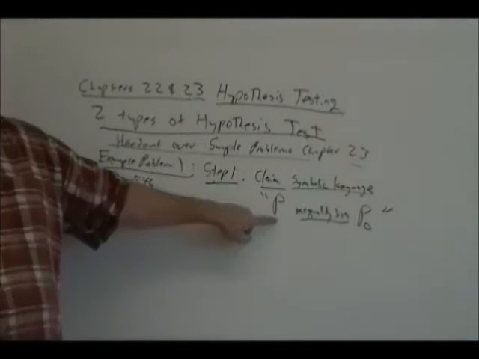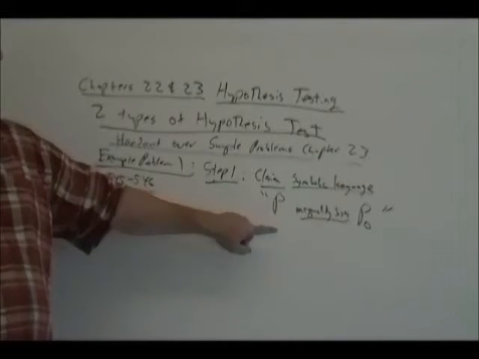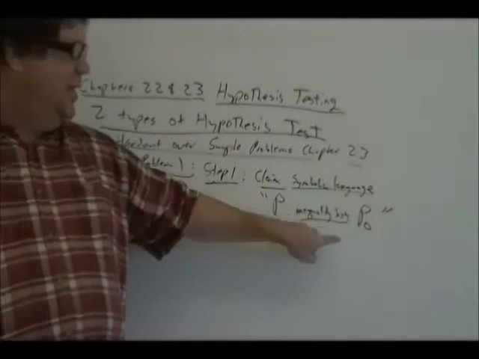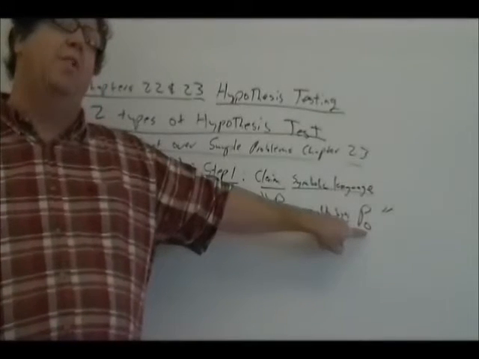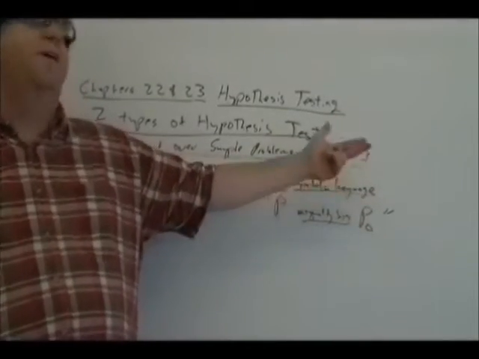P stands for population proportion. So you write population proportion, inequality sign, and then P0 will always be some number between 0 and 1 because it's a proportion.